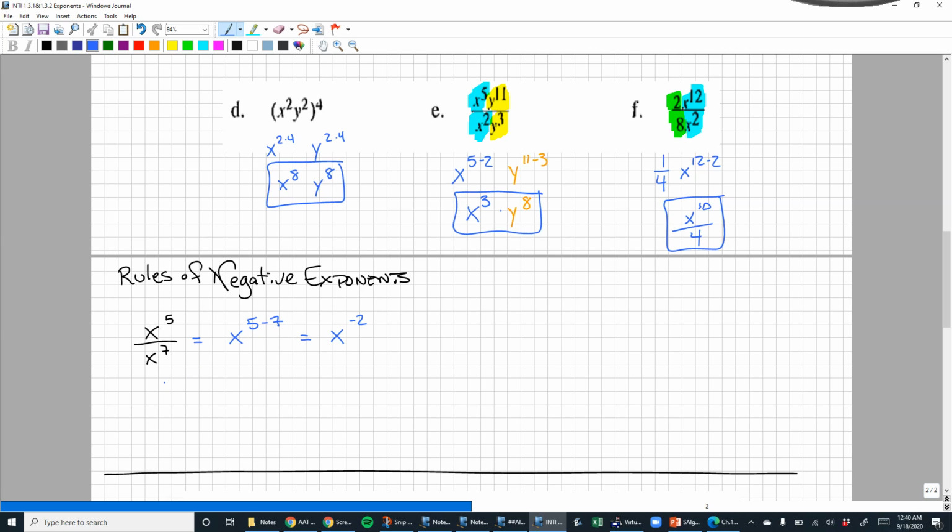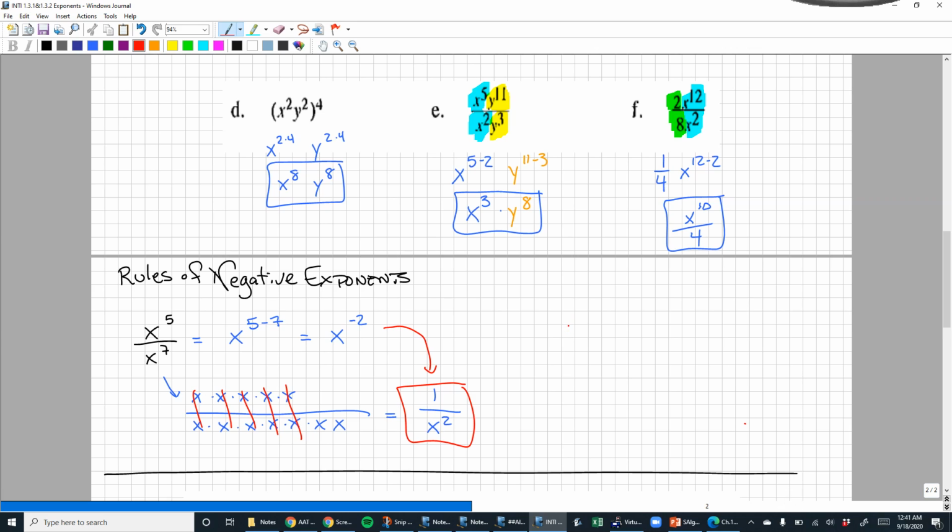Now, going back to the original, if I would have broken this up as x times x times x times x times x, we kind of see what the definition of this is and how there are 2 more x's on the bottom than there are at the top. So if we were to cancel it out, we get this idea that this is really 1 over x to the power of 2. And that's how we get from here to understand that it's really just an answer of 1 over x to the power of 2.